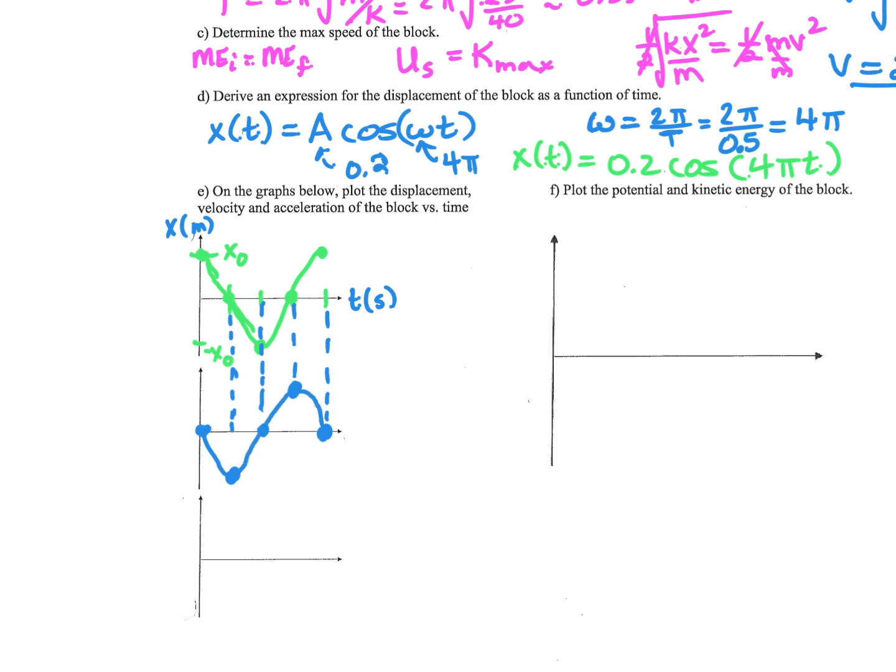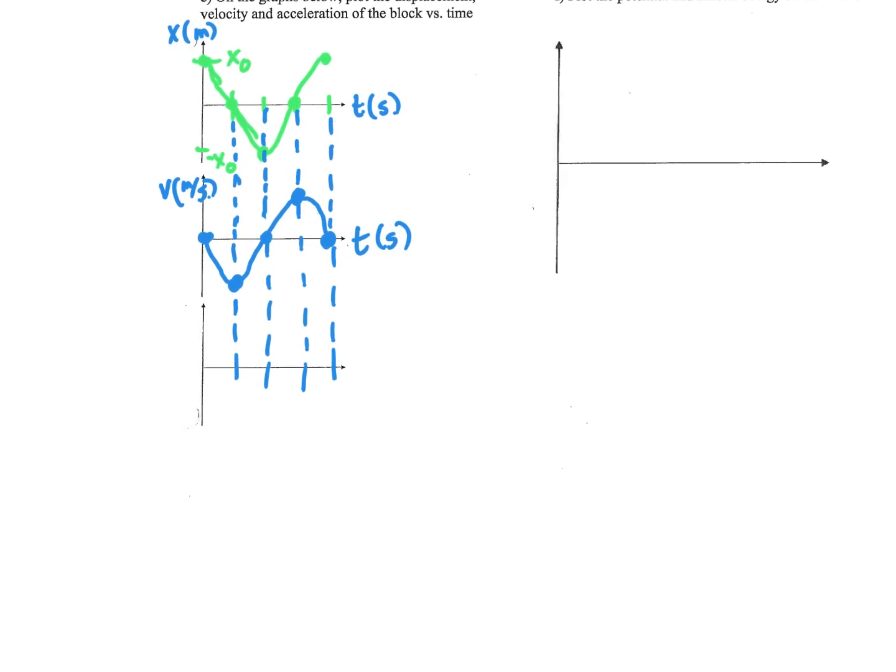Now, you might be wondering, why am I drawing all these lines? Because I'm trying to make sure you understand what that looks like at equal places in time. So if the velocity is 0, we said that the acceleration had to be at a maximum. So if it's moving to the right, the acceleration had to be to the left, which makes it negative. So it is at a maximum negative. That's where it starts. And then when it's going through equilibrium, acceleration is now at 0 because it is going the fastest it's going.